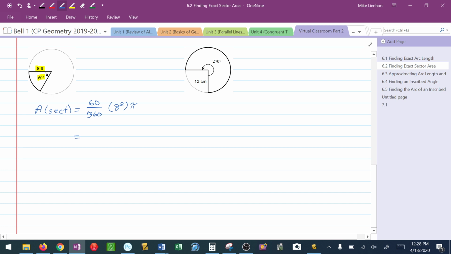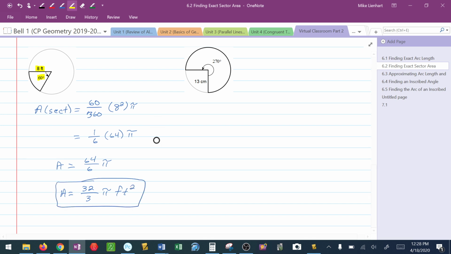Now 60 over 360 breaks down to 1/6 times 64 pi. Or the area would be 64 over 6 pi, but I can simplify that even further. I know that 2 goes into both of them, so that gives me 32 over 3 pi. Now I'm ready because it's simplified. Bring in the units, square feet.